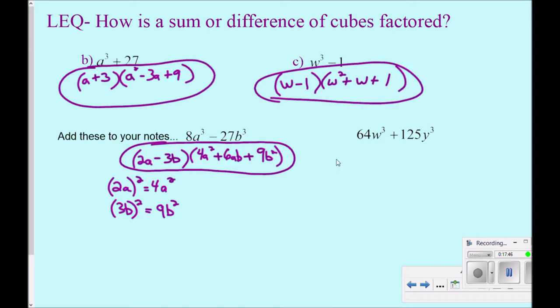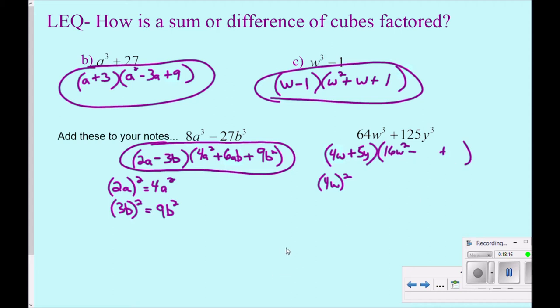Okay, no GCF, sum of cubes, binomial times a trinomial. Cube root of 64w cubed is 4w. It's a plus sign. Cube root of 125y cubed is 5y. When I square 4w, the quantity 4w, I get 16w squared. This is a sum, so plus, minus, plus.